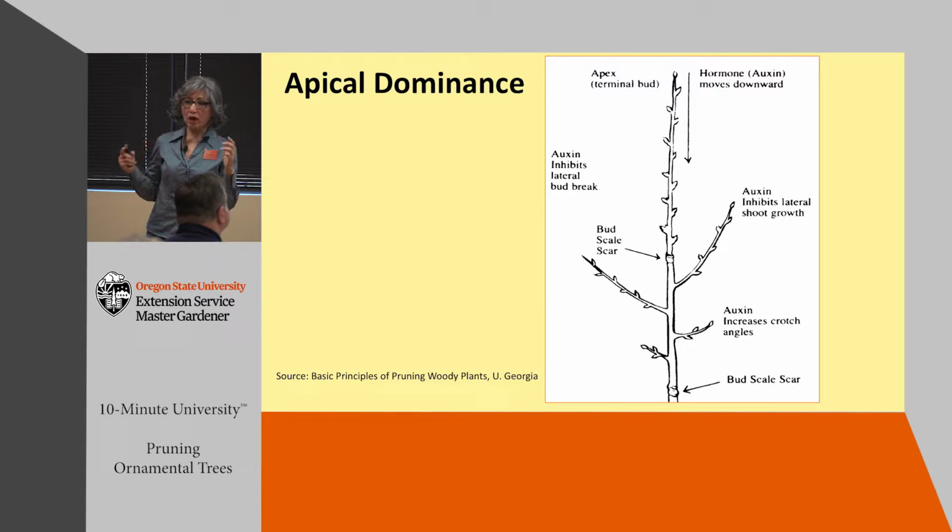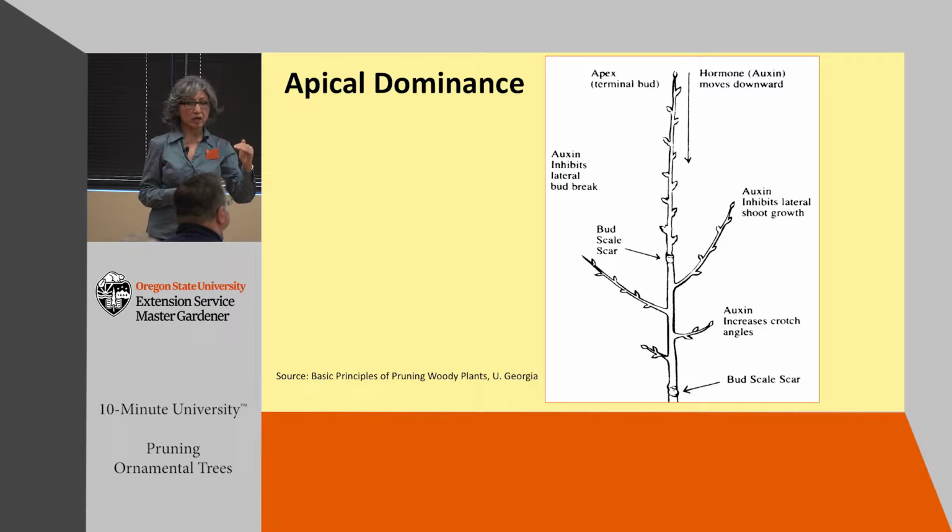The reason why heading cuts encourage growth and make the plant bushier is because of something called apical dominance. It simply refers to the fact the tip of a branch produces a hormone called auxin.